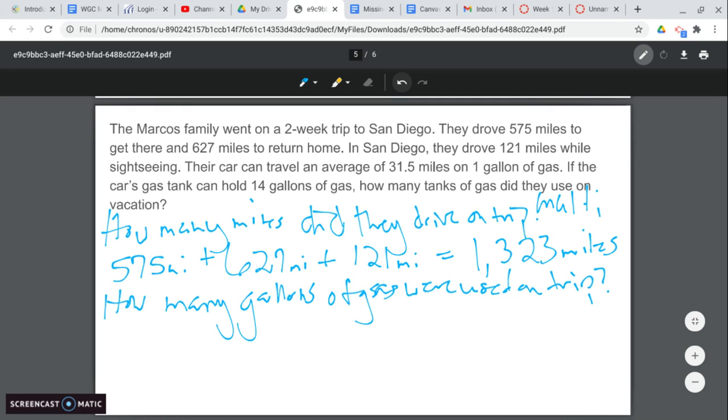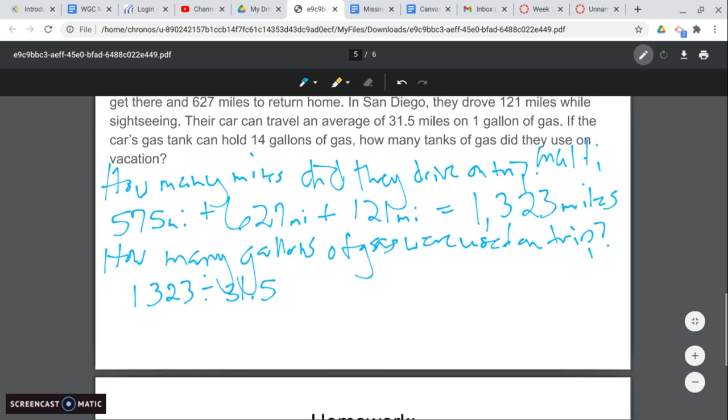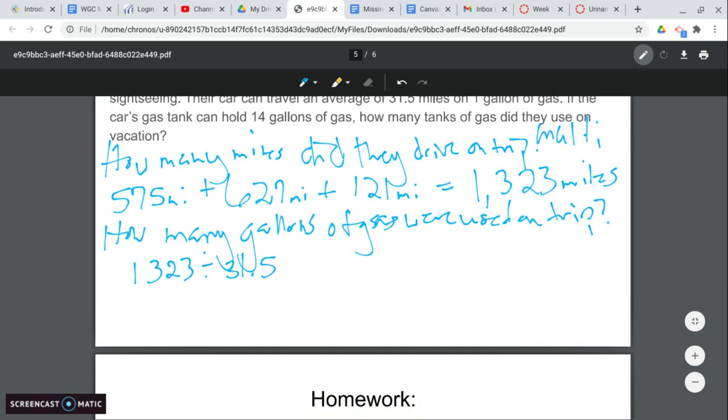So we know there was a total of 1,323 miles, and we know they can go 31.5 miles on 1 gallon of gas. So we need to take and divide these to find out our solution.